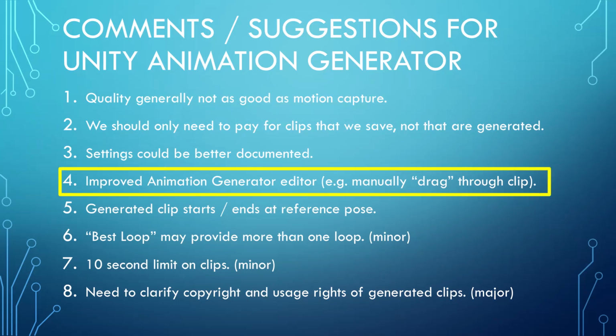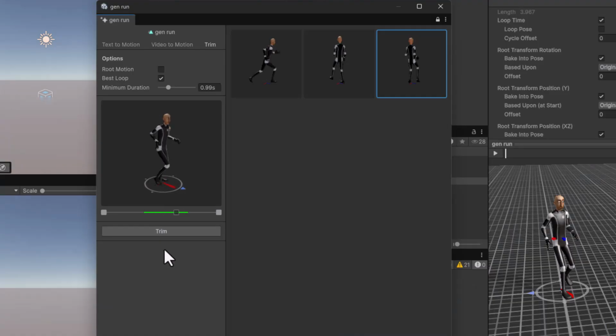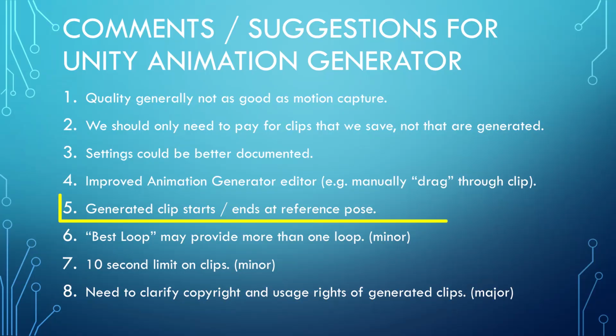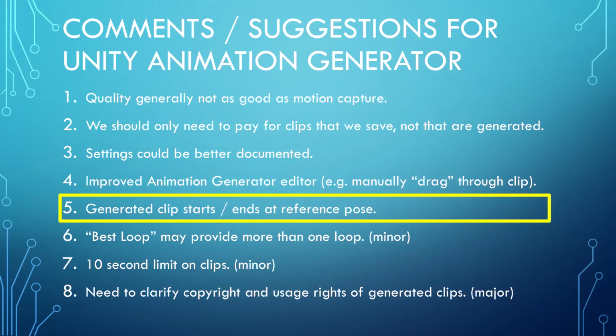It would be nice if the little editor in the animation generator allowed the clip to be paused and the controls for trimming the clip to be draggable while scrolling through the animation to fine-tune how to trim the clip. It would be nice if a clip could start and/or end at a reference pose, such as an idle, to enable the clips to be put together in an animation controller in a very seamless way.